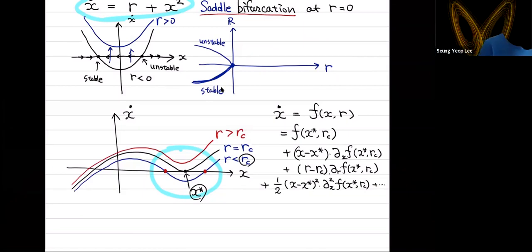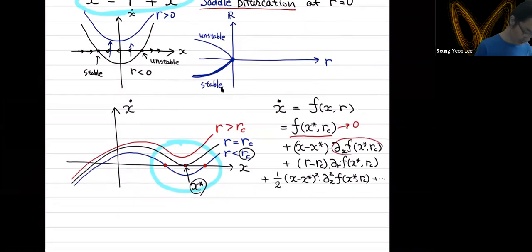And you can see from the graph that the first term is 0, because f, the value of x dot, is 0 at x star and r equal r_c, right? And another thing that's 0 is this one.